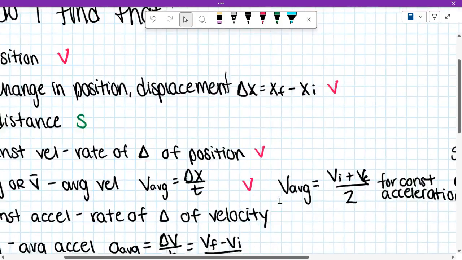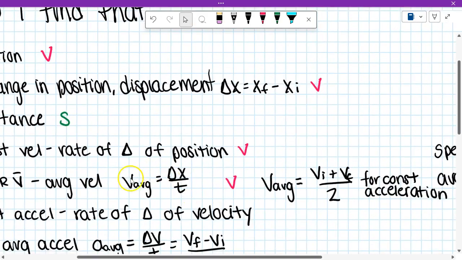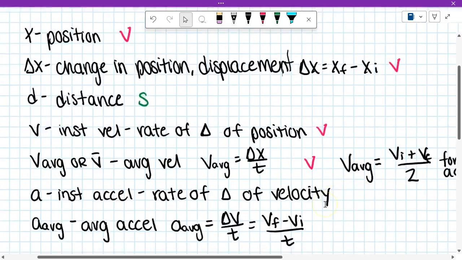We have two ways to calculate average velocity. We can do average velocity as our change in position over time. Or if we have constant acceleration, which we will for a lot of parts of our class, we can find the average velocity by doing the initial plus the final divided by 2, so finding the actual average. But again, that's only if we have constant acceleration over the time frame.